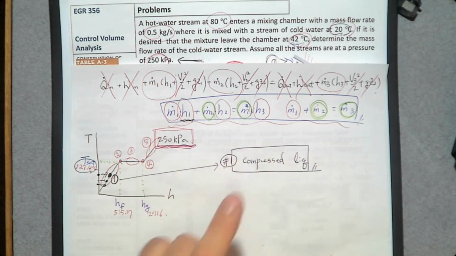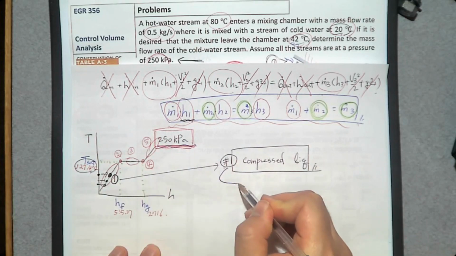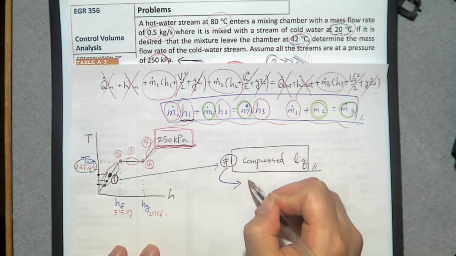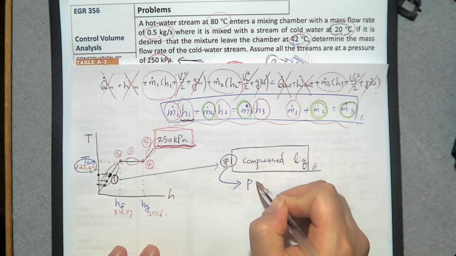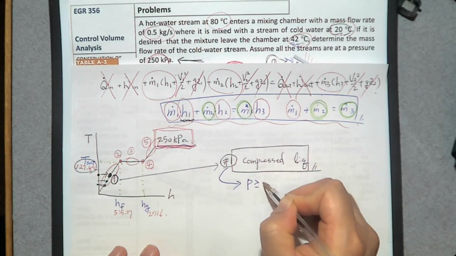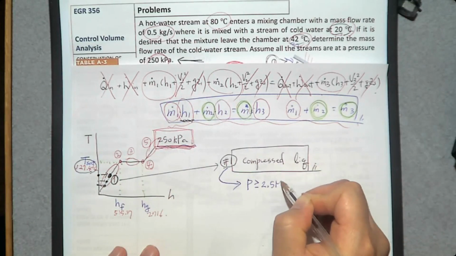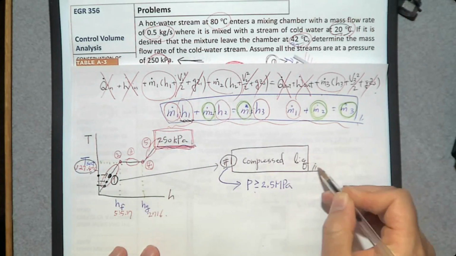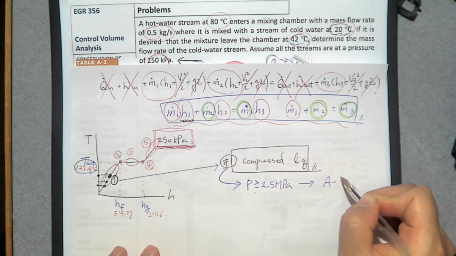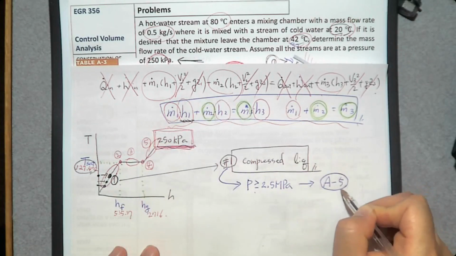According to the temperatures we have on this T-h diagram, the only phase change process possible is going to be number 1, compressed liquid. If you have compressed liquid, there are 2 ways to evaluate its properties. The first one is when pressure is high, usually equal to 2.5 megapascal or greater than 2.5 megapascal. If it is water, we can go to Table A5.